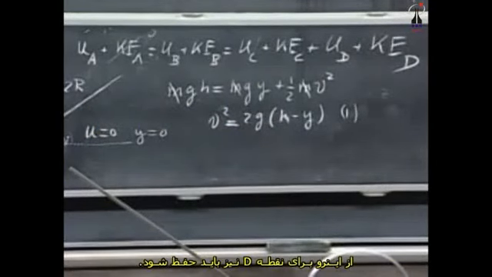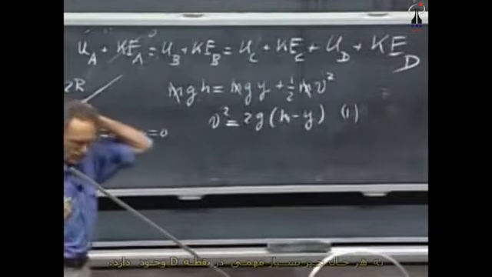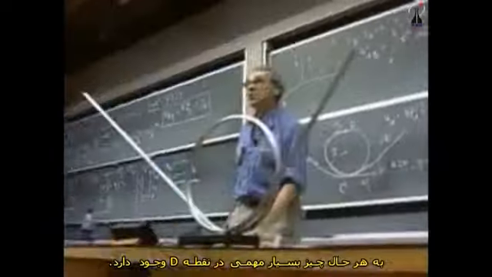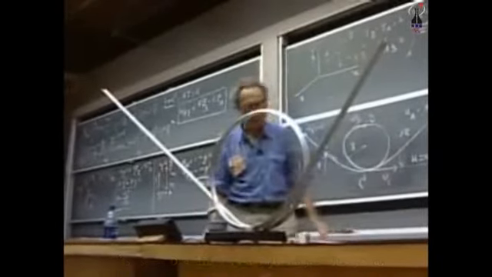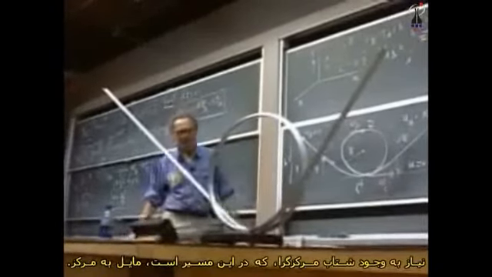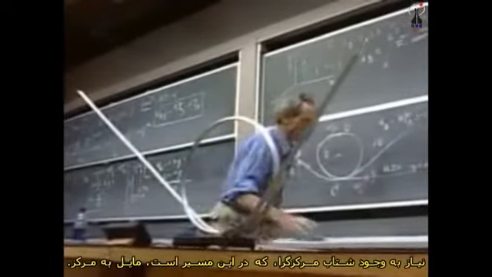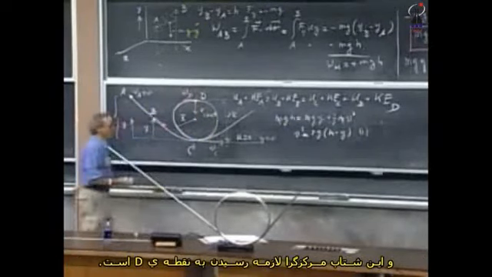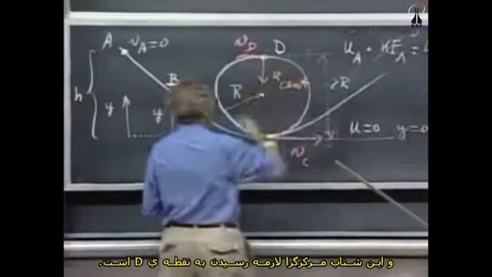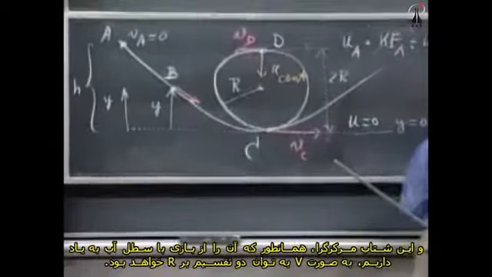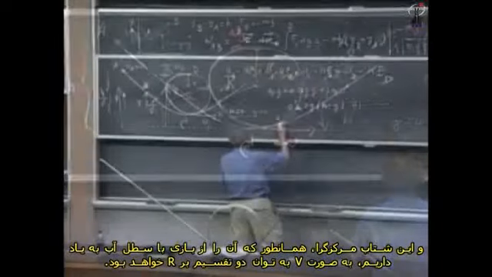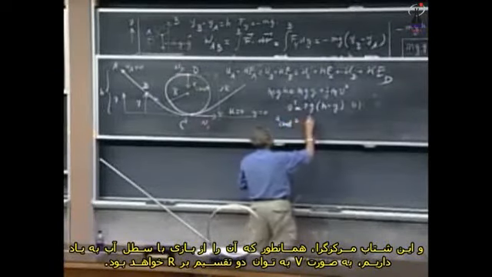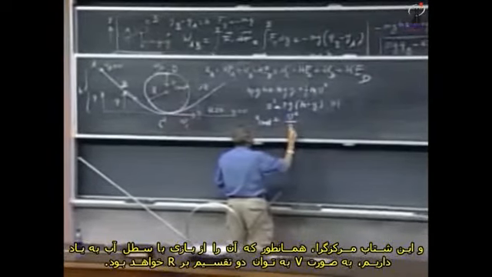Therefore, it should also hold for point D. However, at point D, there is something very important. There is a requirement that there is a centripetal acceleration, which is in this direction, a_centripetal. And that centripetal acceleration is a must for this object to reach that point D. And that centripetal acceleration, as we remember from when we played with the bucket of water, is v squared divided by r.